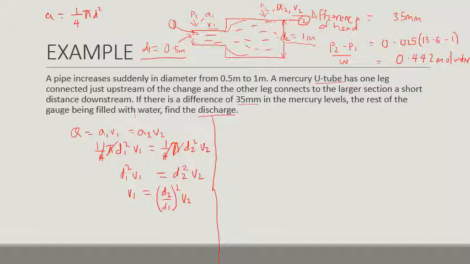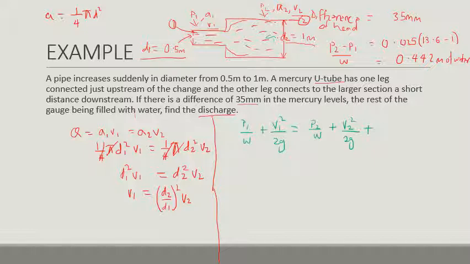So if we apply Bernoulli's theorem between point 1 and point 2, we will have something like this: P1 over W plus V1 square all over 2G is equal to the energy at the second area here, P2 over W plus V2 square over 2G, then plus the head loss, which is HL.